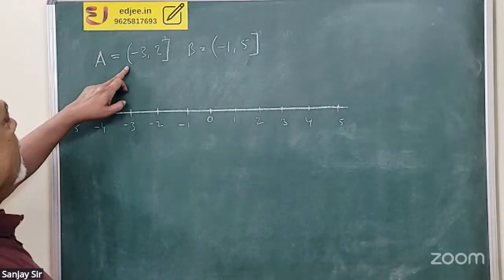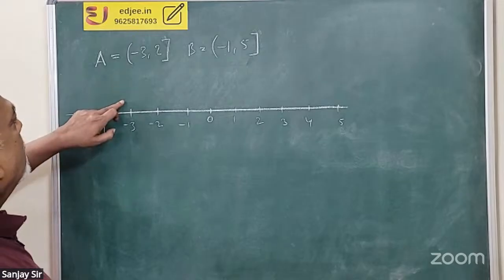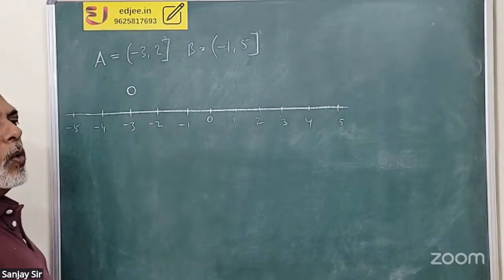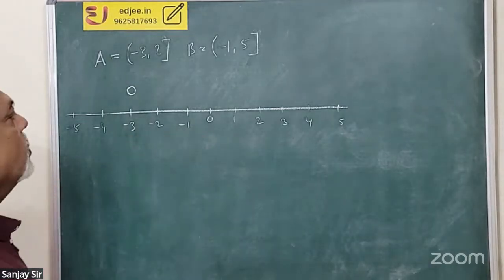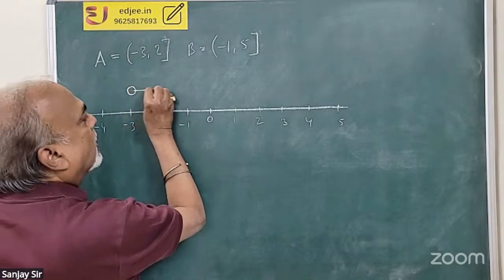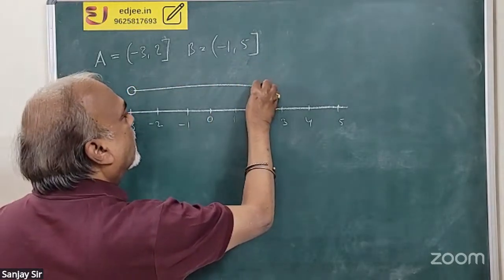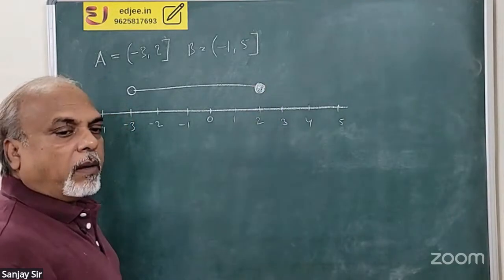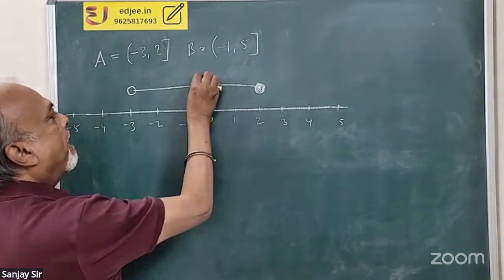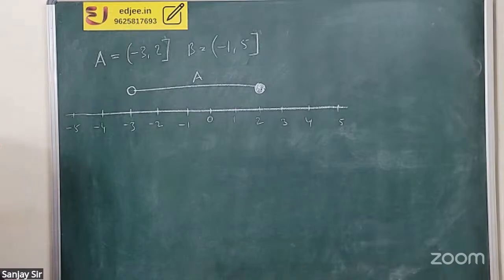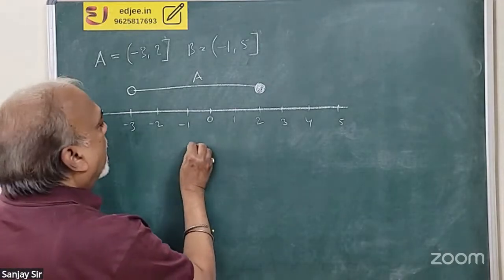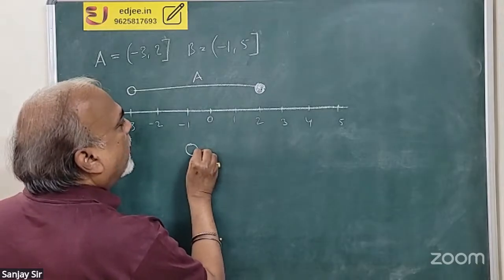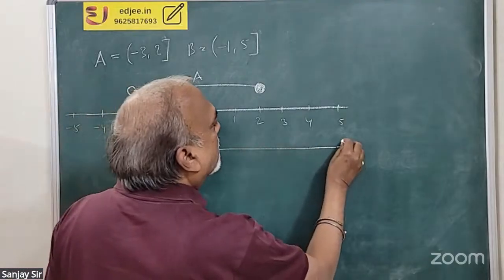Correct. So what is A? A is -3, but here it is open, -3 to 2. So this is your A, correct? What about B? B is, here it is open, but here it is closed.